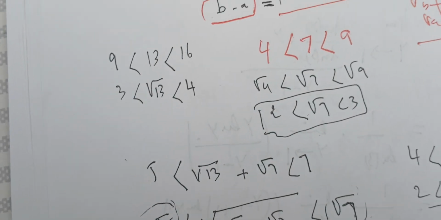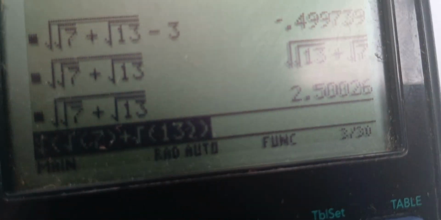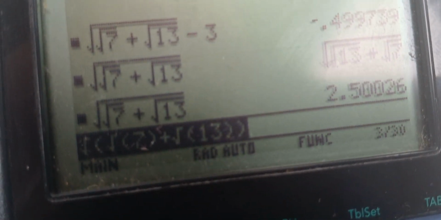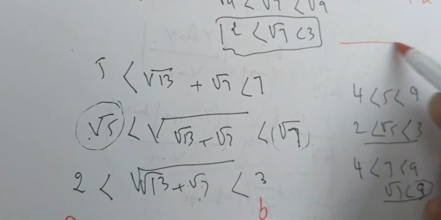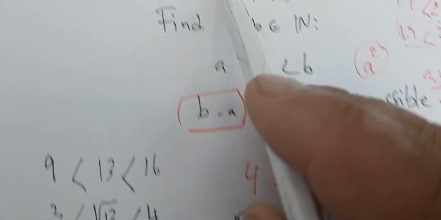Okay, so this is the value of the square root of 7 plus the square root of 13. It's 2.5. So this is our k.